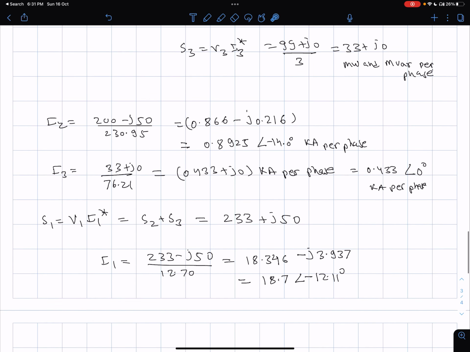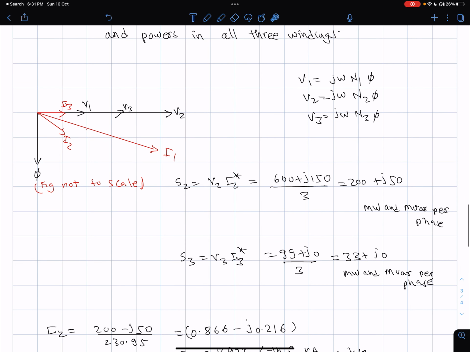Now let's calculate I1. You should not make the mistake of directly applying the parallelogram law to I2 and I3. Why? Because they are not on the same kV level. They are on different transformer windings.